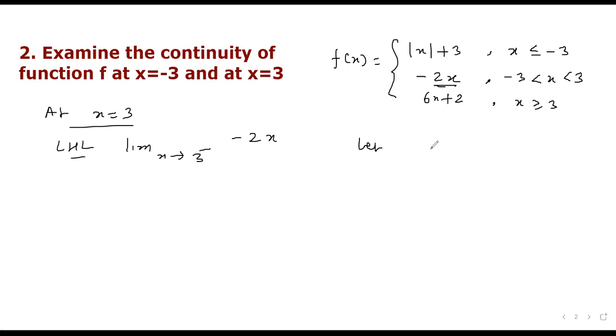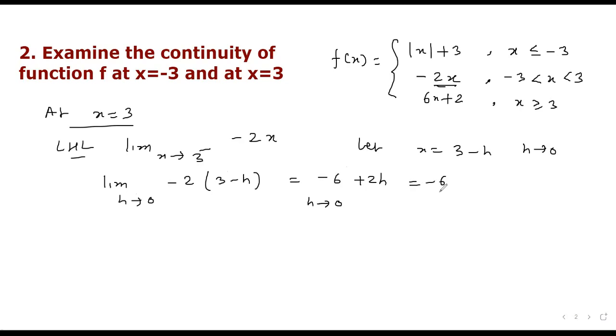Let x equal to 3 minus h, where h tends to 0. So this becomes limit h tends to 0 and minus 2 in place of x, we write (3 minus h). So it will become minus 6 plus 2h, limit h tends to 0. So it will be minus 6.